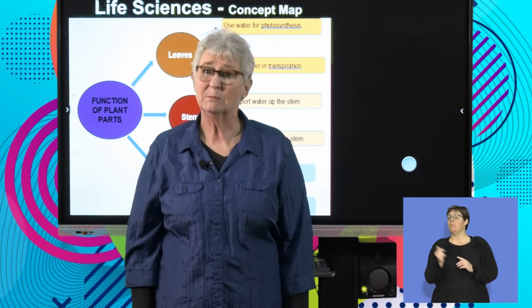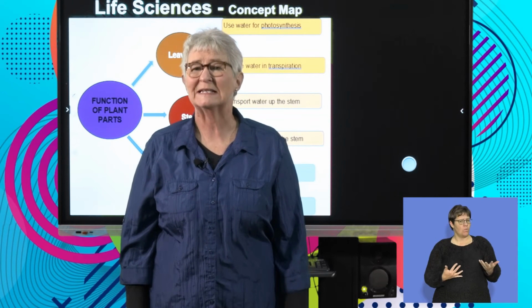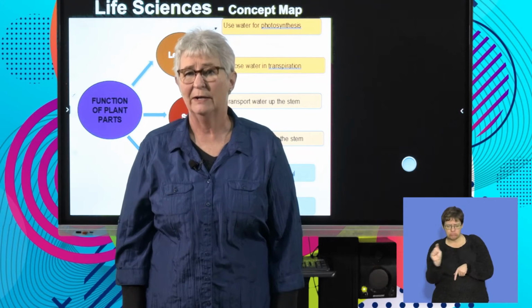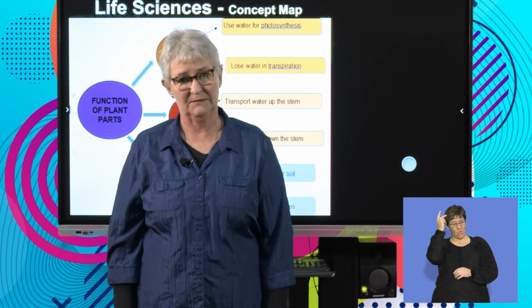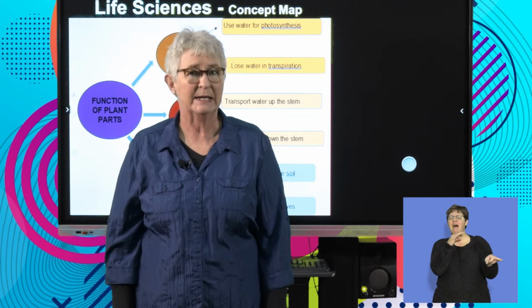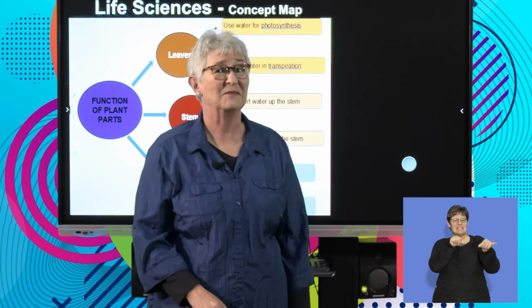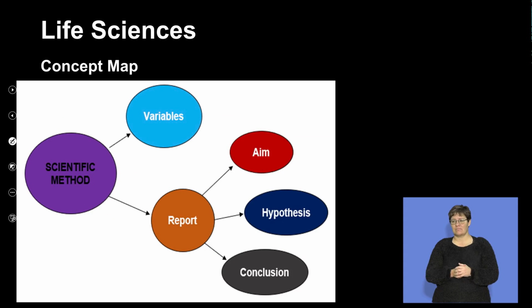Now, in plants, questions are often asked in regard to different experiments that have been done on how plants function. And I know that section is quite difficult for some of you, so we're going to do a little bit of explaining on the scientific method. And in your scientific method, there are two very important aspects.